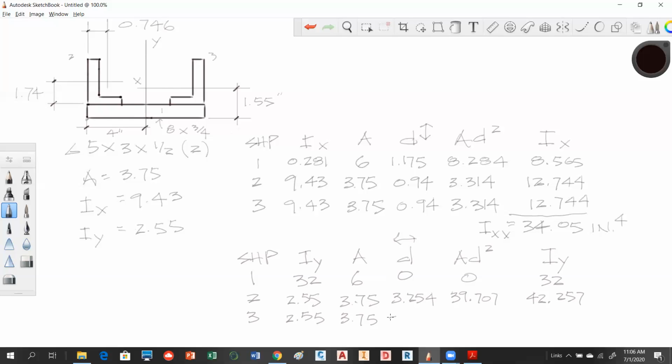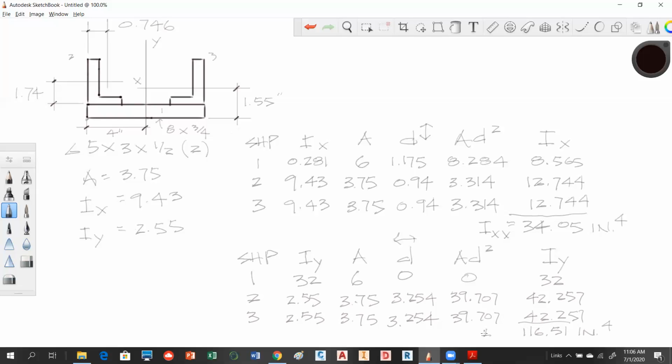So either by symmetry, you could recognize that, or you could solve it, but either way, you should come up with the same number. Square that times the area, we get 39.707. Sum that with that, you get 42.257. Sum these guys, you get 116.51 inches to the fourth.